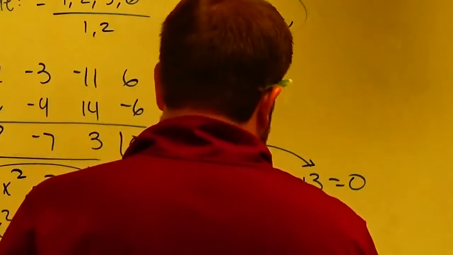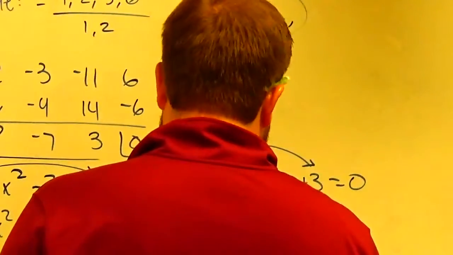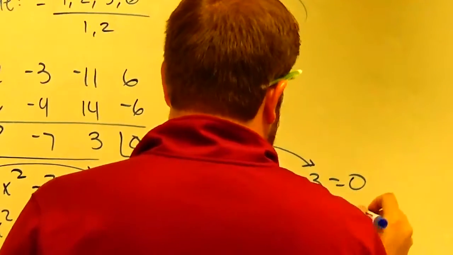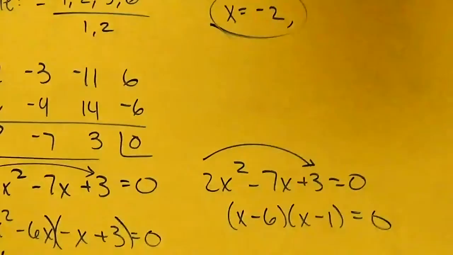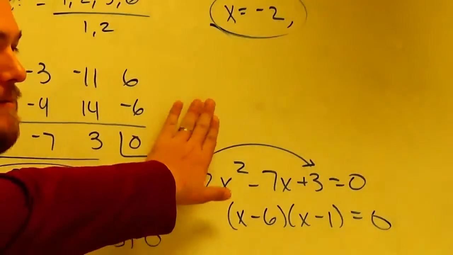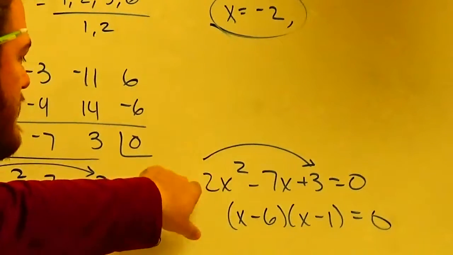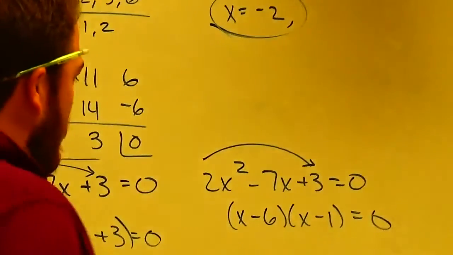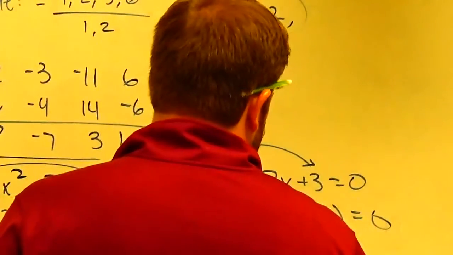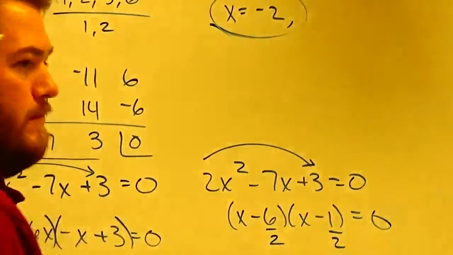So I would just do it exactly like I have in the past, as if that 2 wasn't there. Make sense? But now I have to account for the 2. So I'm going to divide both of these numbers by 2.